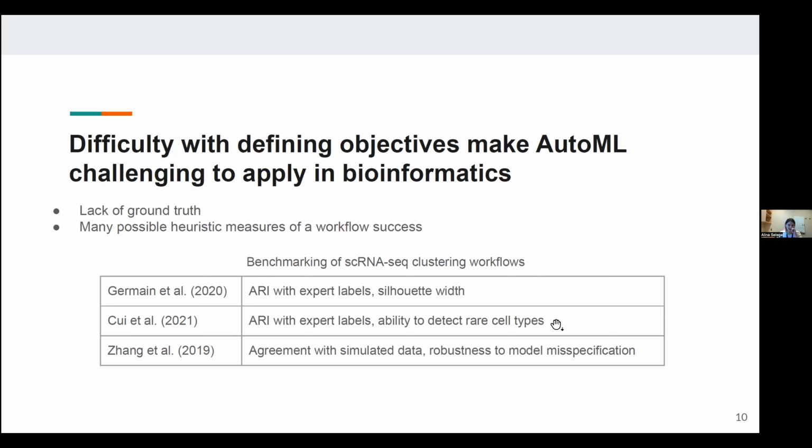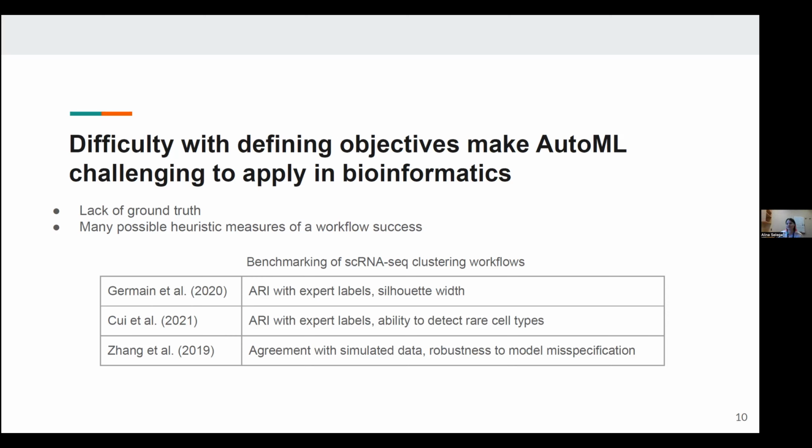Then the second study used a handcrafted heuristic that was centered around the ability to detect rare cell types, because this is something that they really cared about in their study. And then the final one also evaluated the robustness to model misspecification. So for instance, if you told your AutoML pipeline that there are 3 cell types that you want to identify, but then actually one of them is not in there, how does your model deal with that?